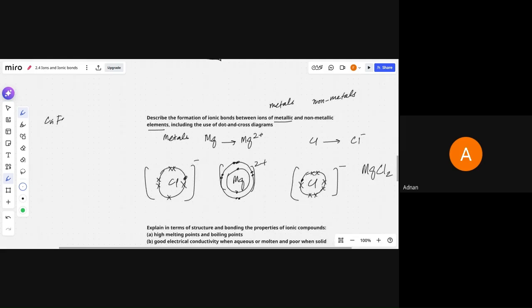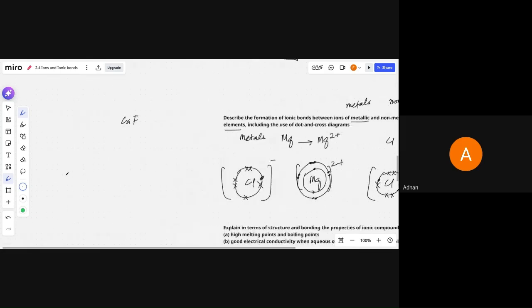So calcium has 4 shells. It is in period 4. So calcium's electronic structure will look something like this. And it's going to lose 2 electrons because it is in group 2. So group 2 elements lose 2 electrons to have a complete outer shell. So calcium, 2 electrons in the first shell, 8 electrons in the second, 1 2 3 4 5 6 7 8. 8 in the third.